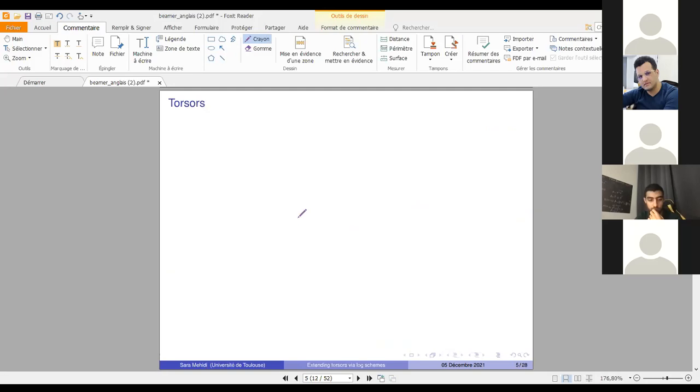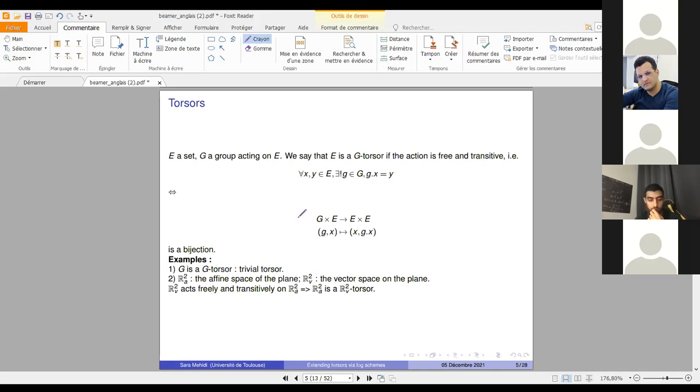So now I can define what a torsor is. If E is a set and G a group which acts on E, we will say that E is a G-torsor if the action of G over E is free and transitive, which means that for any two points X and Y in E, there exists only one element of G which sends X to Y with the action.